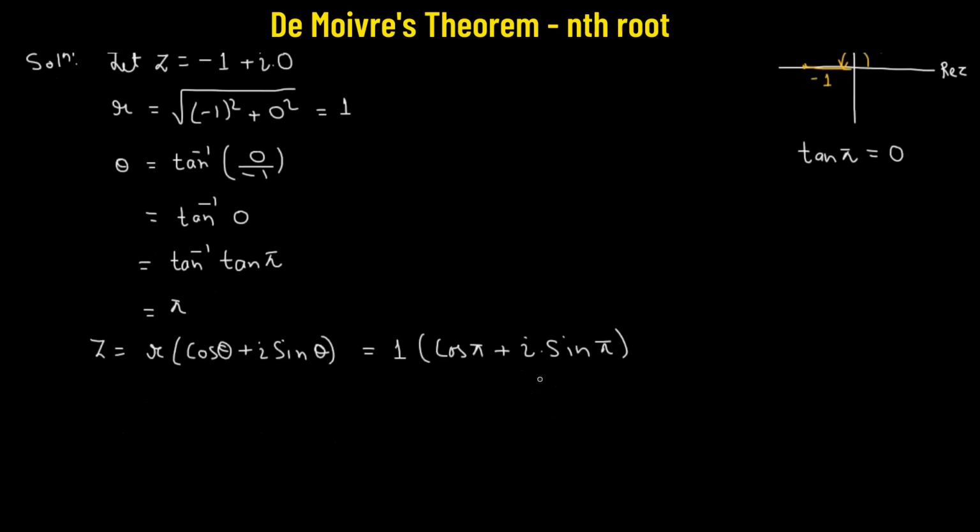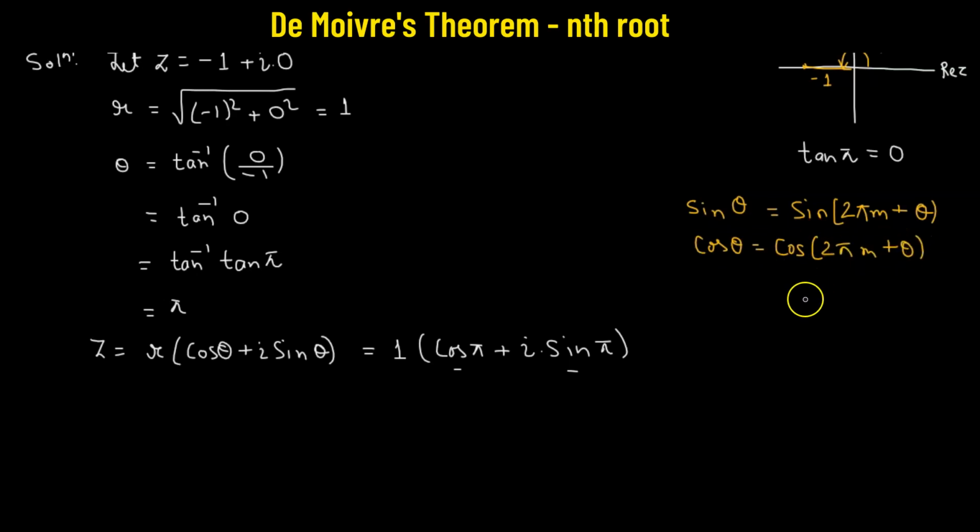What we'll do next is use the fact that cosine and sine are periodic functions. Since they're periodic functions, sine of theta can also be represented as sine of 2 pi m plus theta, and cosine of theta can be represented as cosine of 2 pi m plus theta.